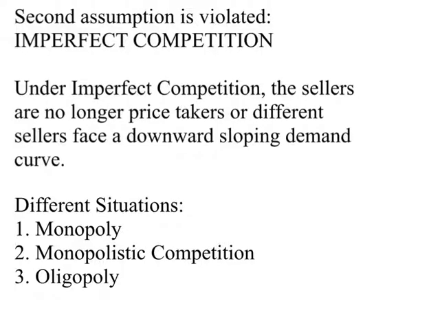They can sell more at a lower price and less at a higher price, or in other words, under imperfect competition, different sellers face a downward sloping demand curve. And so we are looking at dropping the assumption of very large number of very small sellers.